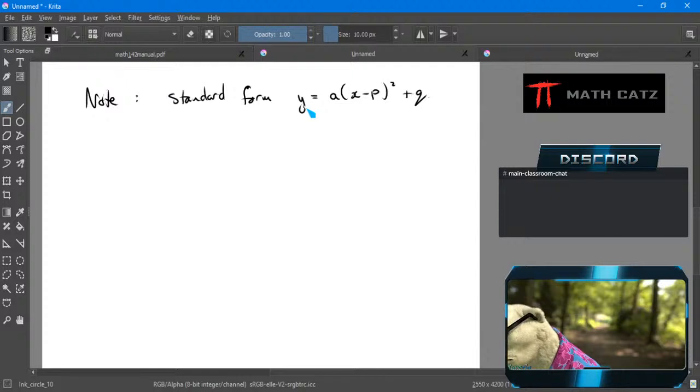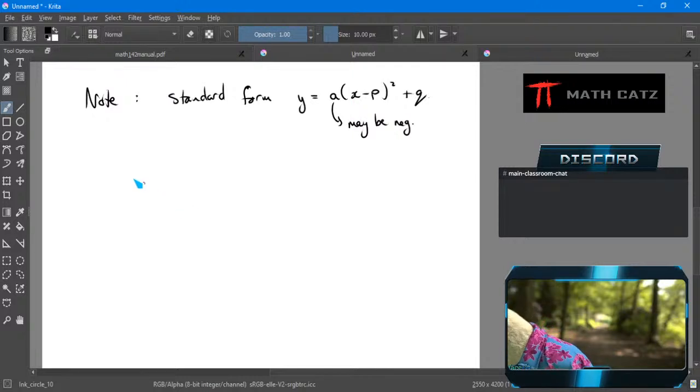In the standard form, this a may contain a -1. It's merged into it, so it may be negative. When I do my transformations, then I can see the actual number and I separate the -1 from the size of the number, so don't be confused by that.